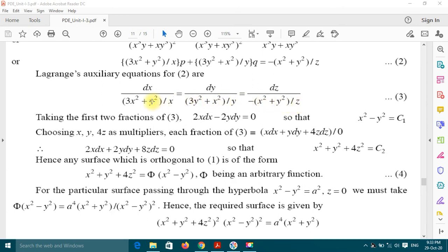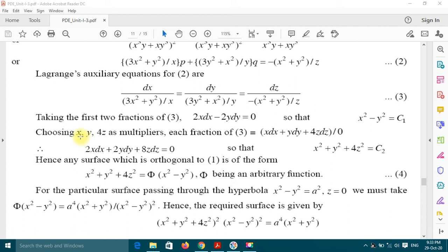Now we take the first two fractions of this equation, then we get 2x dx − 2y dy = 0, and integrate it, then we get x² − y² = c1. Okay, now we find the second integral of this differential equation 2.